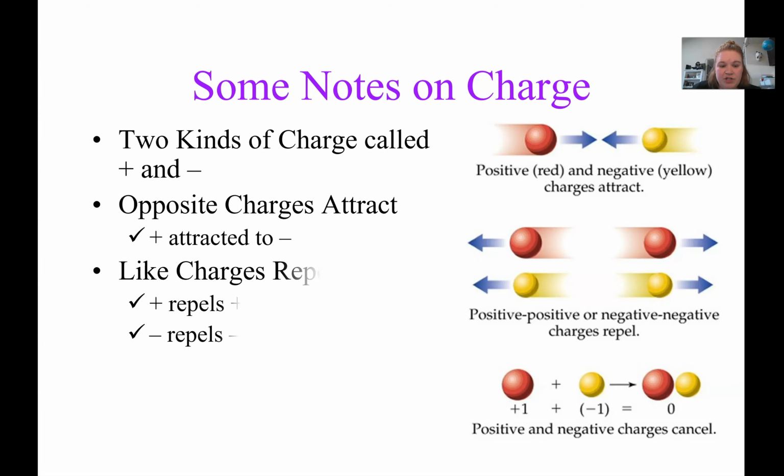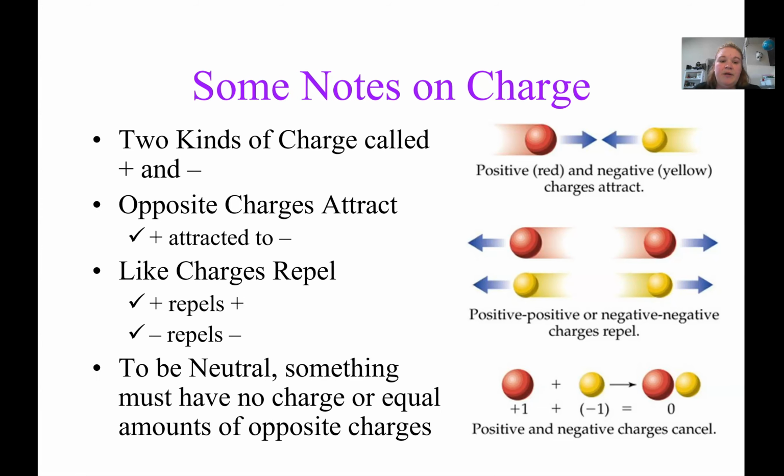A little bit more about charge. This is probably stuff that you know or have seen before, but there are 2 types of charge. There is a positive charge and a negative charge. So on our slide here, the positive is represented with red and the negative is represented with yellow. And opposite charges attract.